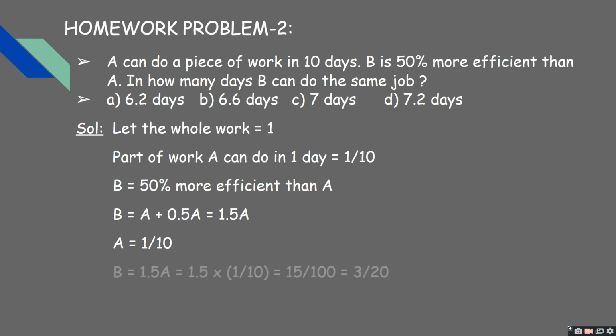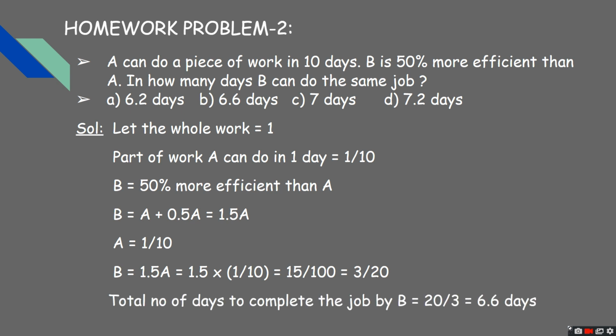Similarly, B can do work in 1 day equals 1.5 into 1 by 10, which gives 3 by 20. Hence, B can do the same job in 20 by 3 days, that equals 6.6 days. Hence, option B is correct.